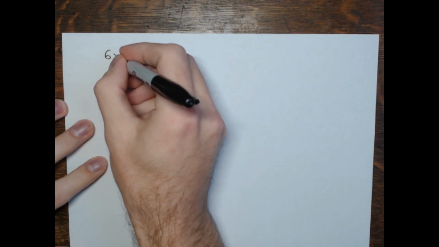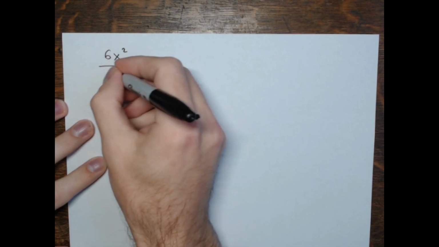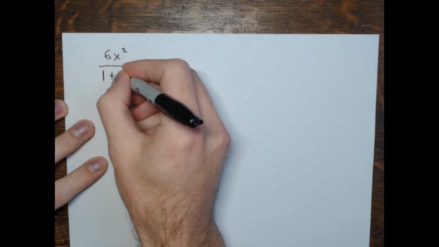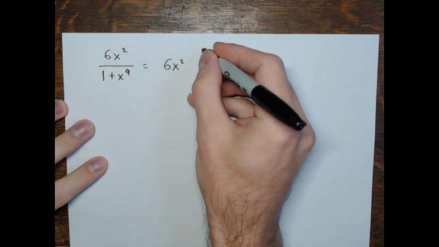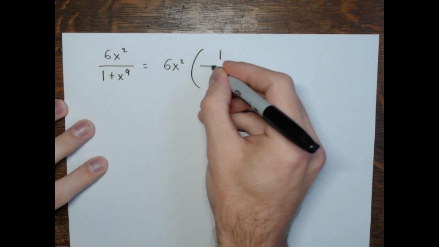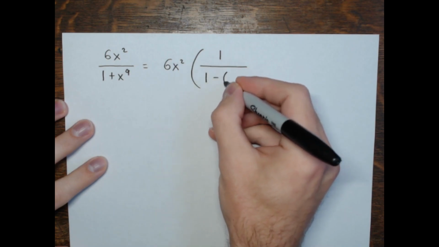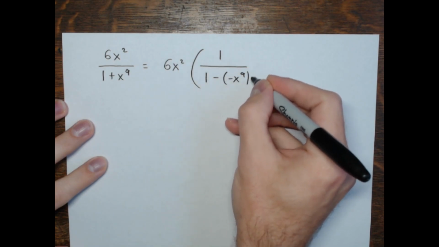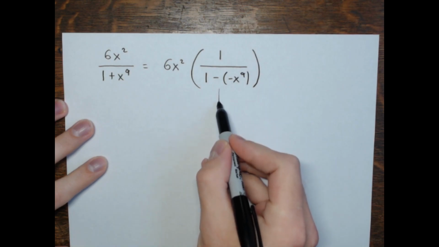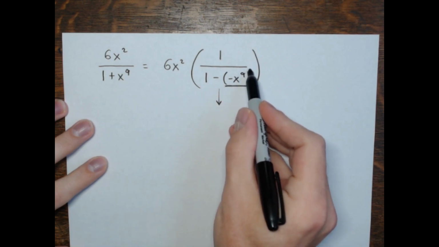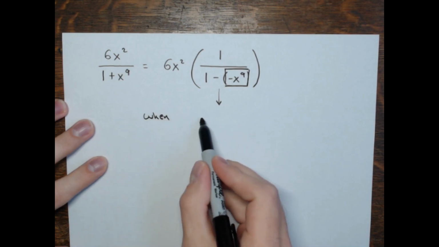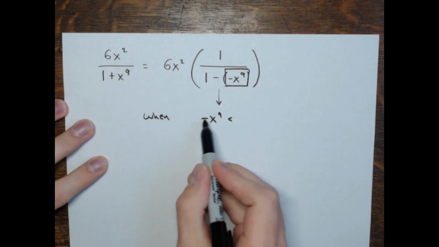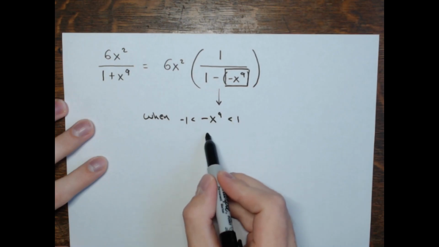So we have 6x squared divided by 1 plus x to the 9th, which I can think of as 6x squared times 1 over 1 minus negative x to the 9th. All right, so then this, when this negative x to the 9th is between negative 1 and 1, now of course that's only going to happen when x is between negative 1 and 1.